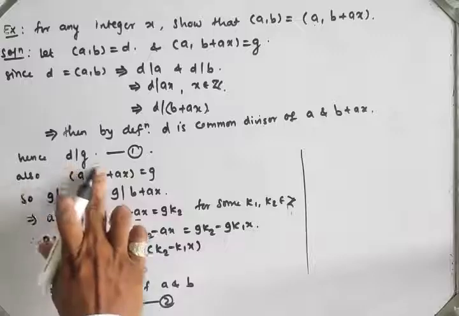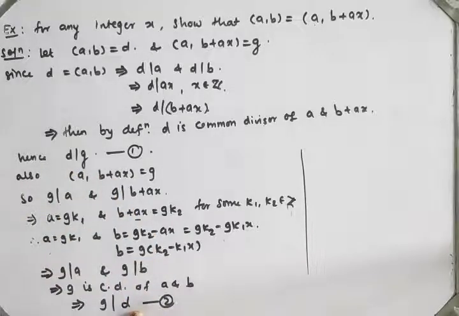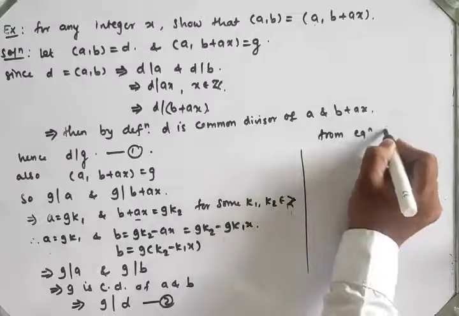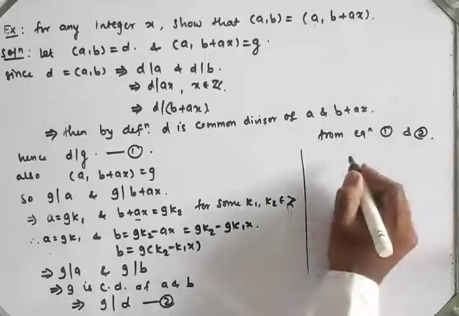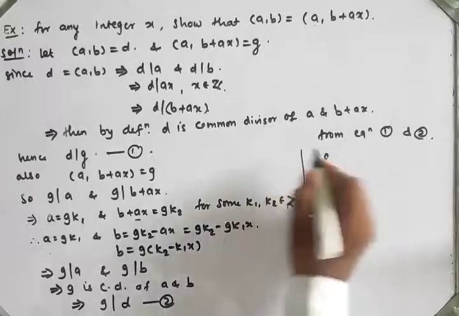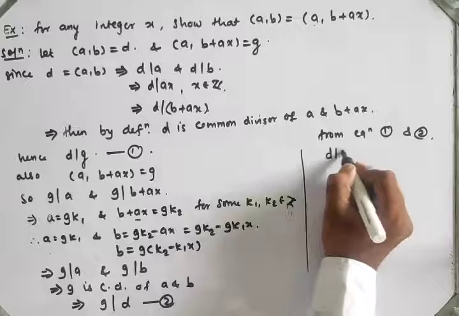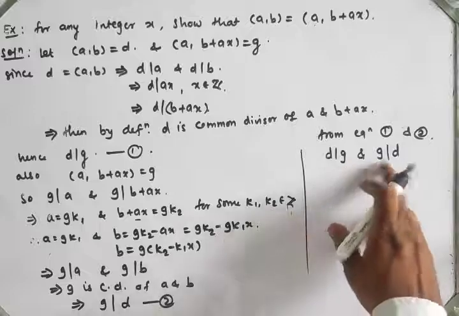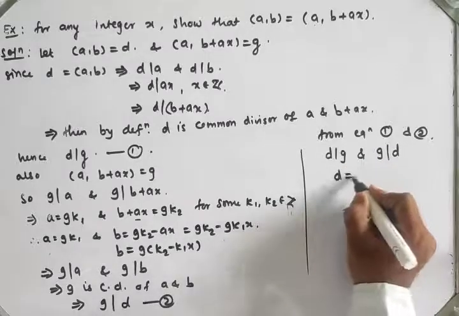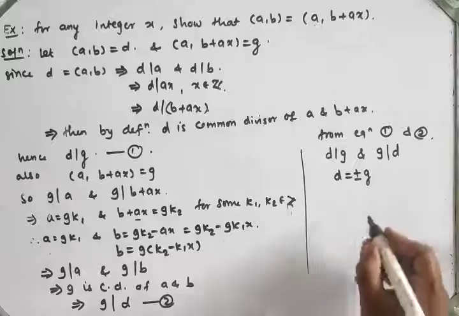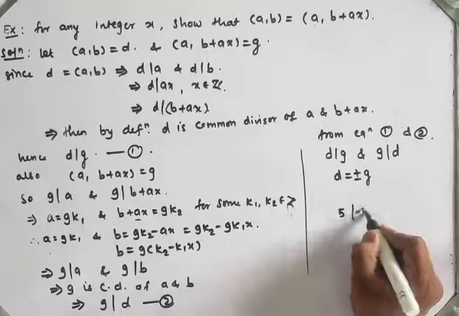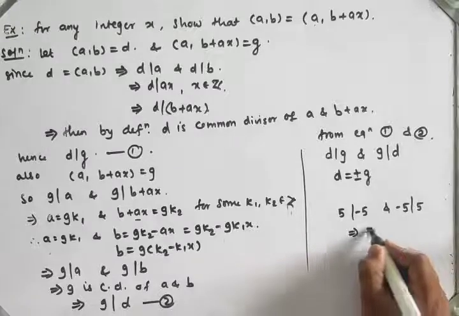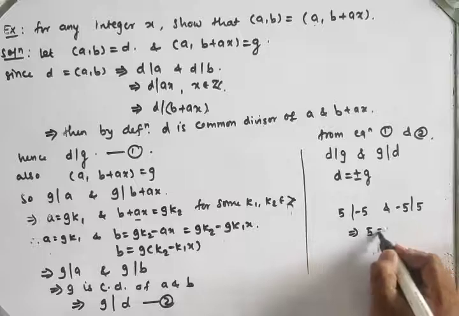So here d divides g, and here g divides d. From equations 1 and 2, d divides g and g divides d, which means d is equal to plus or minus g. Because 5 divides minus 5 and minus 5 divides 5, the numbers are 5 or minus 5.